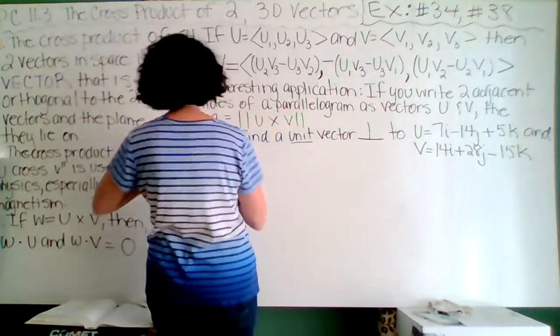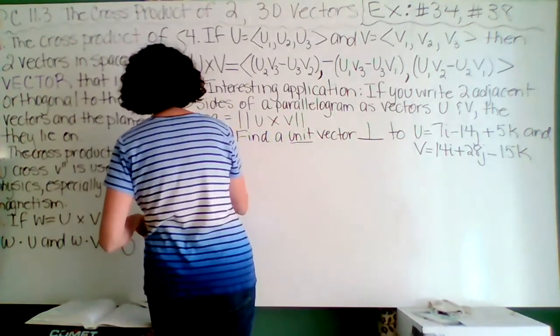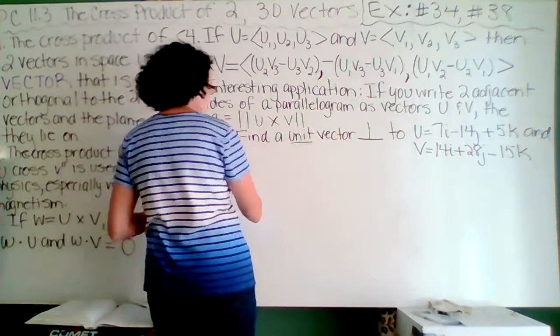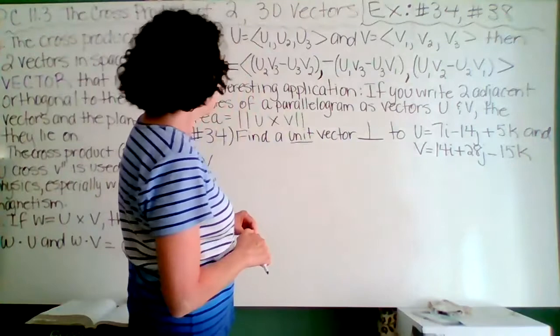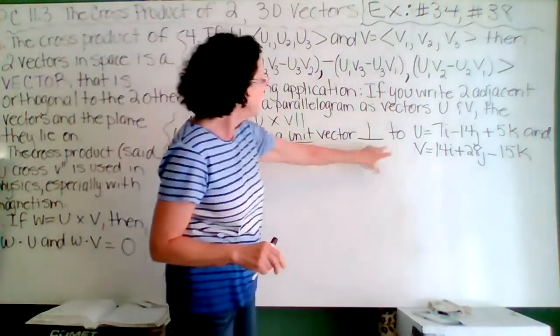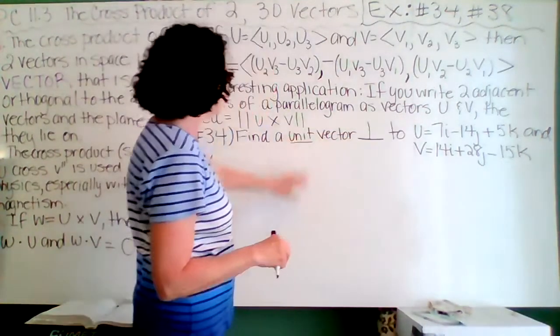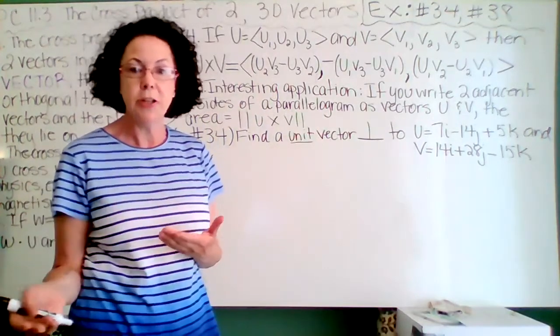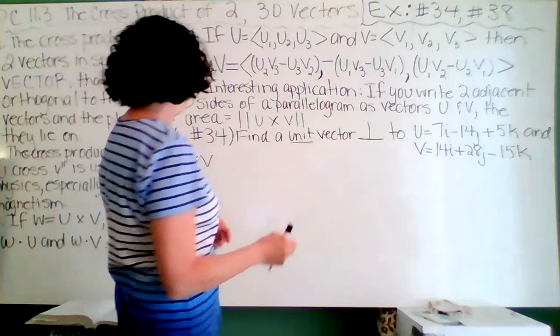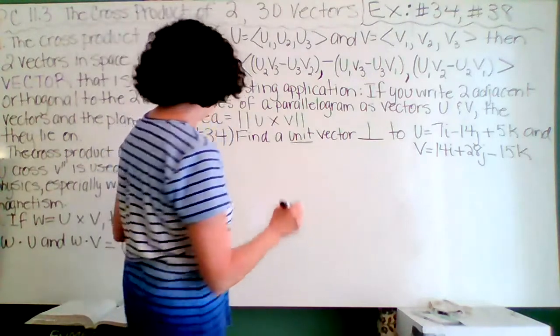I'll probably use my calculator with the numbers on number 34, and that will give us a vector perpendicular to those 2. Then we'll write it as a unit vector by finding its magnitude and dividing each component by that. So I'm going to try to be super careful here too.